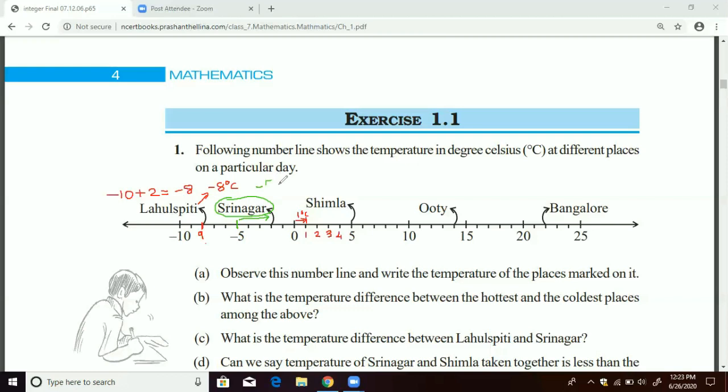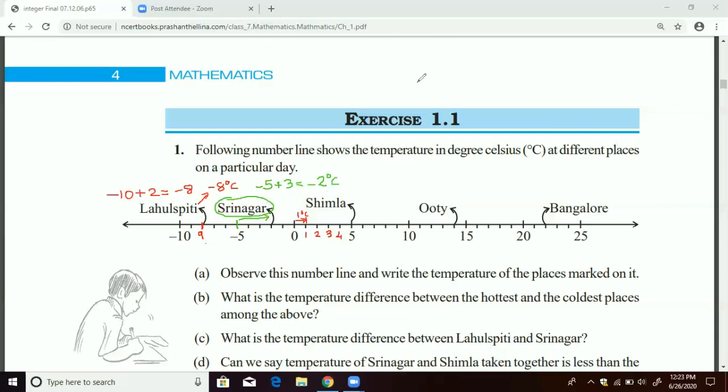So -5 plus 3, 3 places towards the right side. The temperature at Srinagar is equal to -5 plus 3. Here we find the difference, that is 2, and the larger absolute value is 5, which is negative. So we put negative. So -2 degrees Celsius is the temperature at Srinagar.